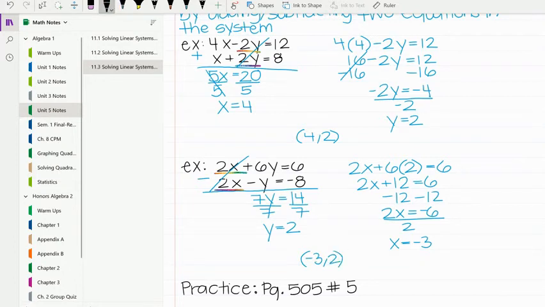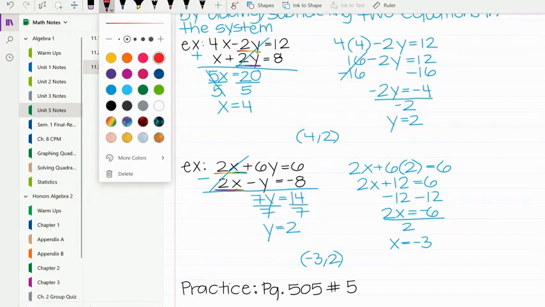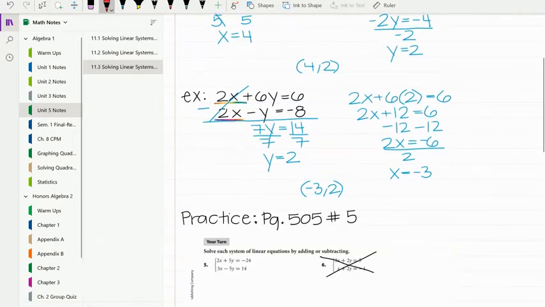We also could write a little note, something that might be helpful, which is if we have different signs, we want to use addition.